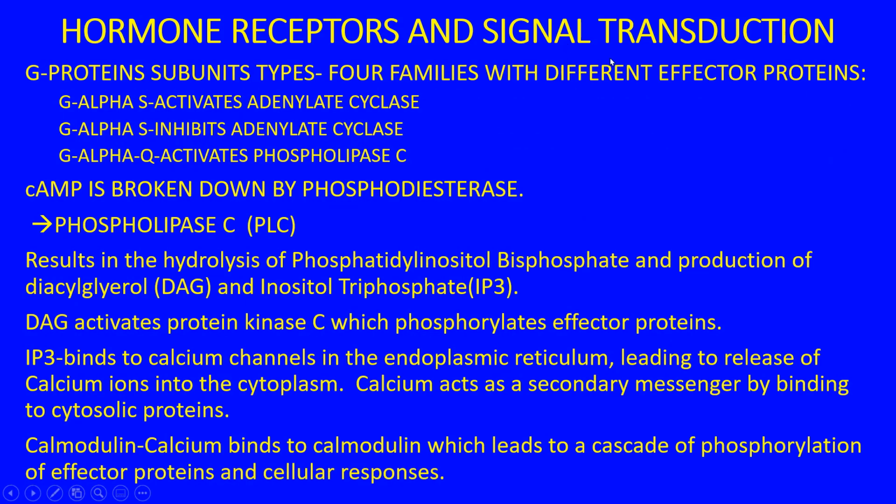I do want to bring up one other thing. Cyclic AMP is broken down by phosphodiesterase. Okay. So you probably had a coffee if you're a coffee drinker. What stops phosphodiesterase? A variety of methylated xanthines, including caffeine.